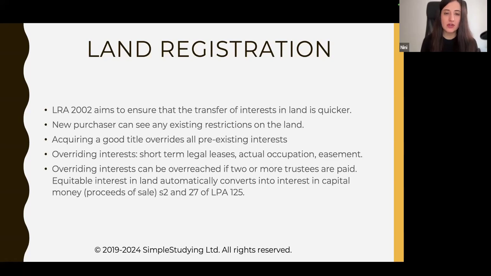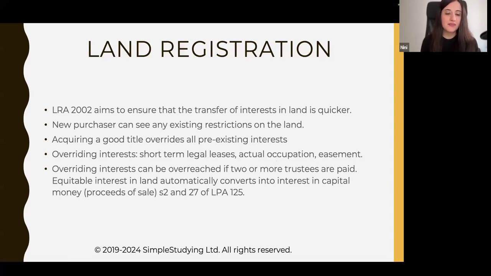Acquiring a good title overrides all pre-existing rights except overriding interests and any lawful charges over the property. Overriding interests are short-term legal leases, actual occupation, and easements. You just have to remember that these are the overriding interests. What is an overriding interest?